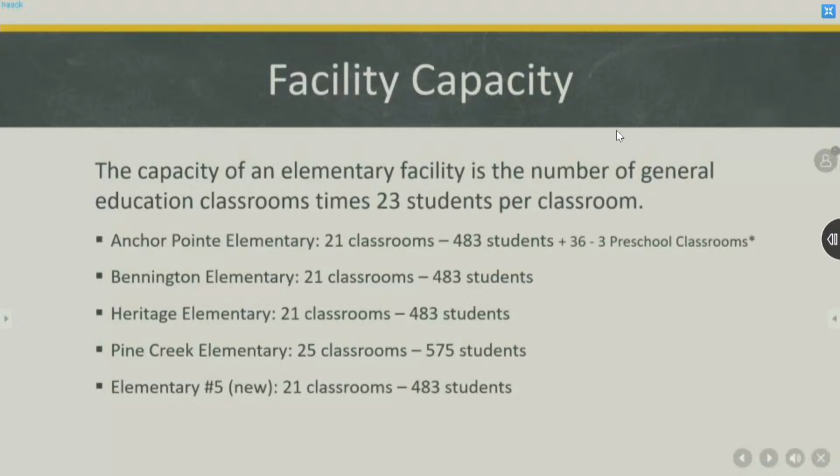That's why you see 36. Pine Creek, if you were in that attendance center, you know that we added a section or a wing to that, 4 additional rooms. So 21 goes up to 25. So the capacity of Pine Creek is 575. The rest are at 483, and there's a note for Anchor Pointe.